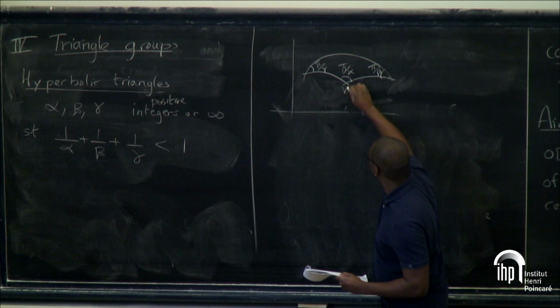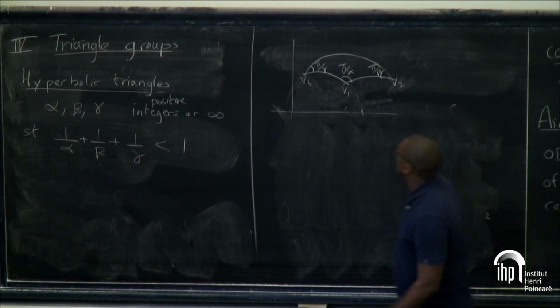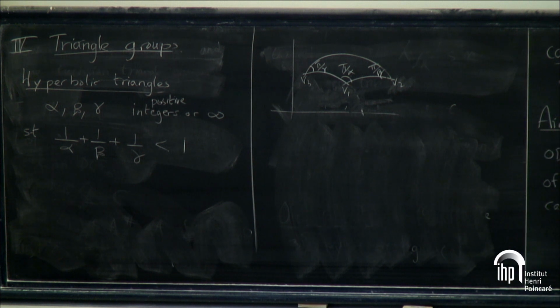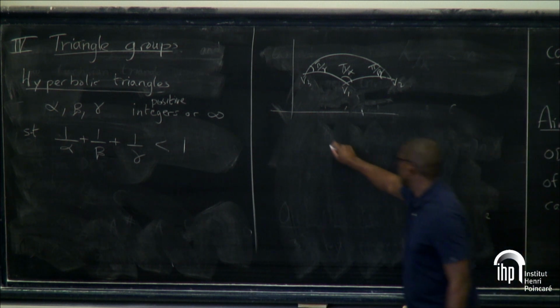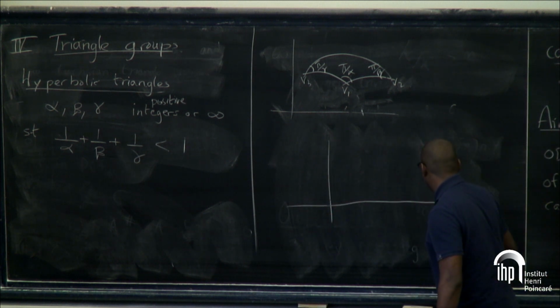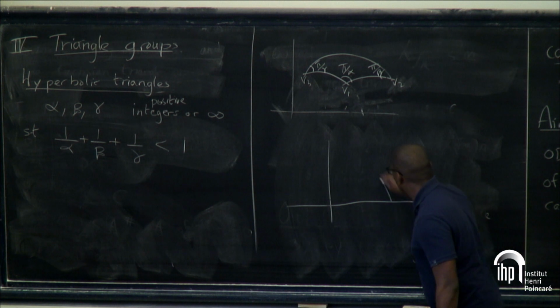So let's call these vertices V1, V2, V3. And so these are in the upper half plane. And why do we also have integer infinity? You might have seen one drawing on Tuesday by Johnson, but let's draw another one.